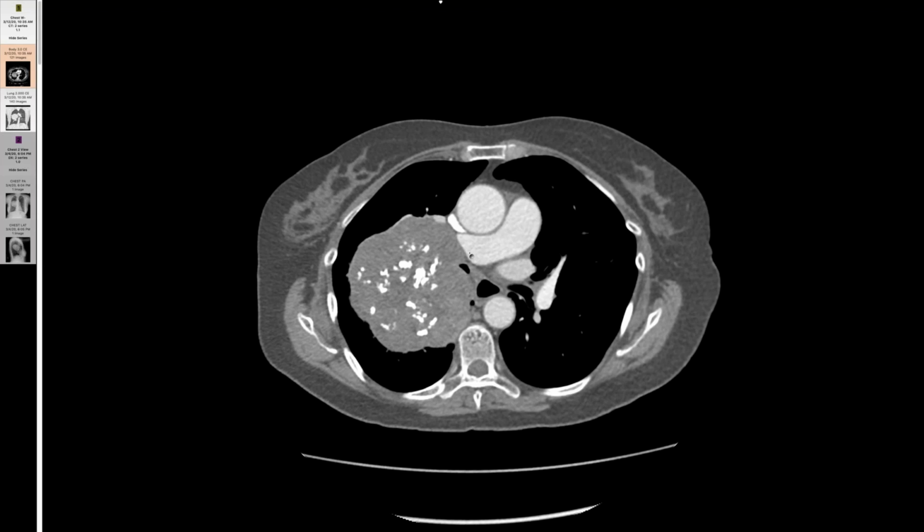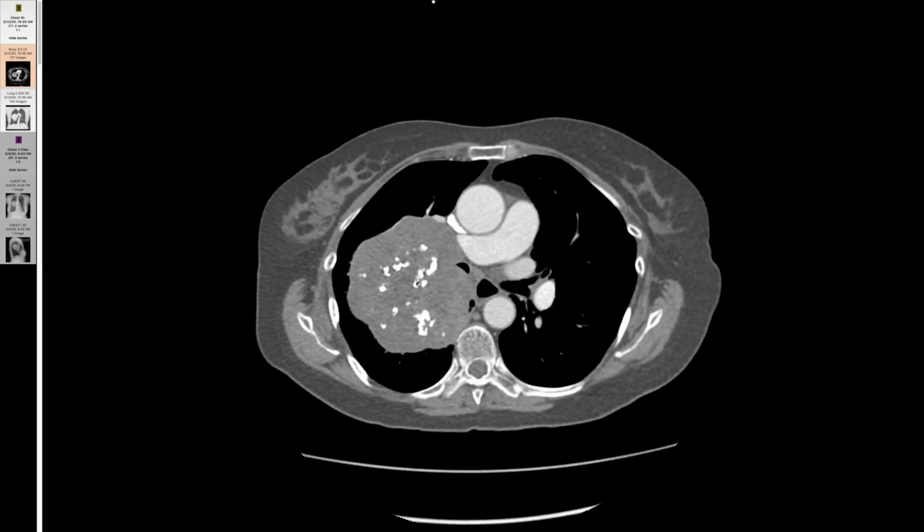I think that the hugeness also goes with its being something benign, because it's slow growing enough that the person accommodates, just the way people accommodate huge soft tissue fibrous tumors of the pleura as well. They get to be quite large because they're well tolerated. Okay, so the world's largest hamartoma that I've ever seen.